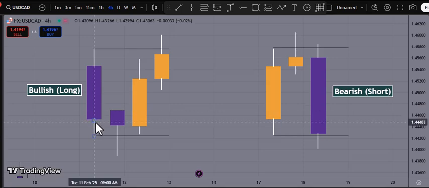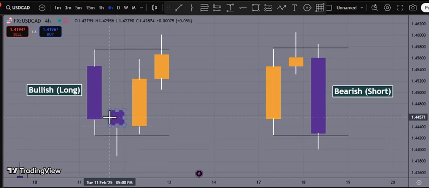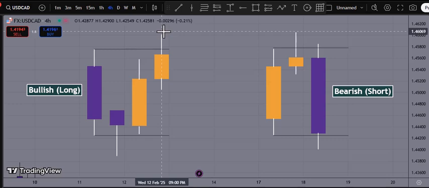Just like ICT said, the wicks do the damage, right? The body tells the story. So the body is not meant to close below this low, it's just meant to wick through and then reject. Then you now see a continuation towards the upside.